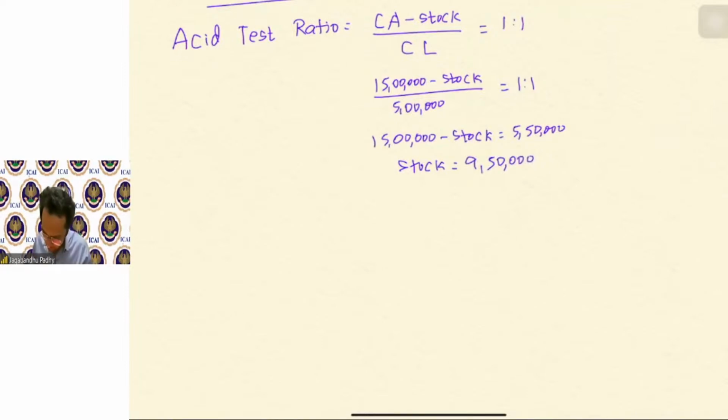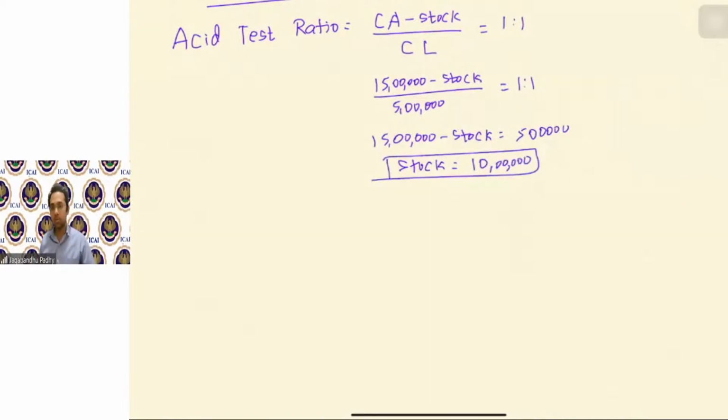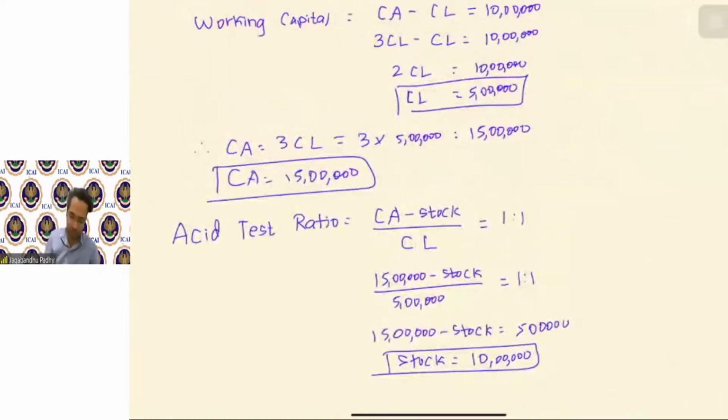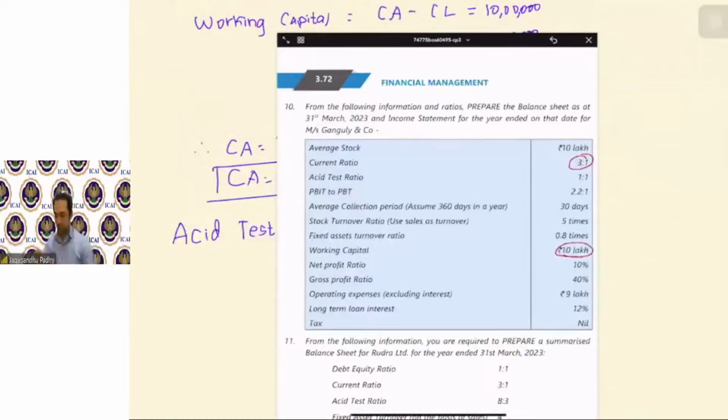Since it is 1:1, this will be 5 lakh itself. So 15 lakh minus stock is 5 lakh, and stock will be 10 lakh. We get the value of stock using acid test ratio. Now I think the connected 3 ratios we have solved: current ratio, acid test ratio, and the working capital.